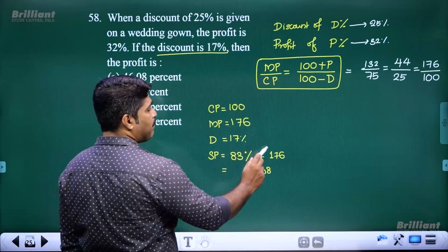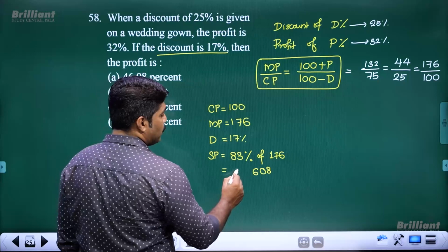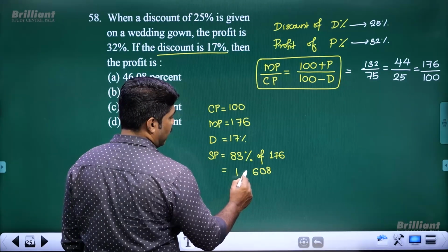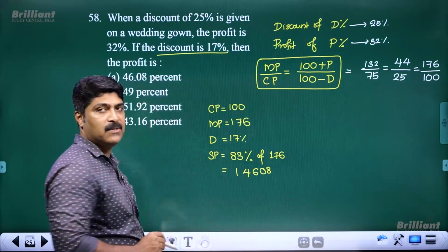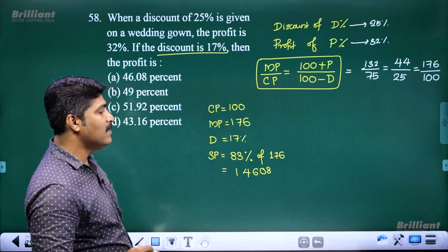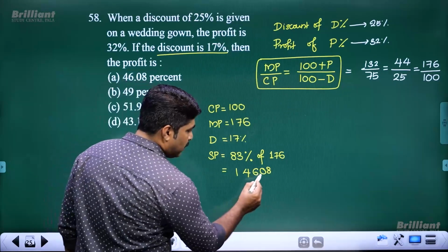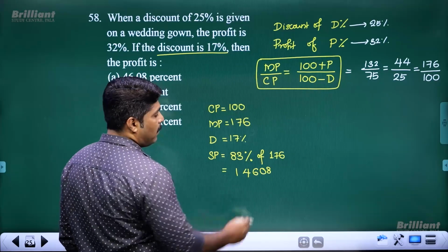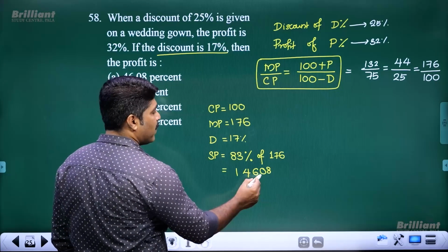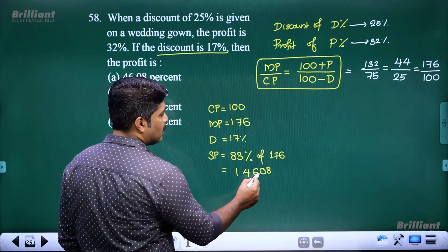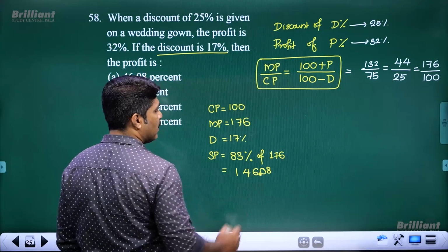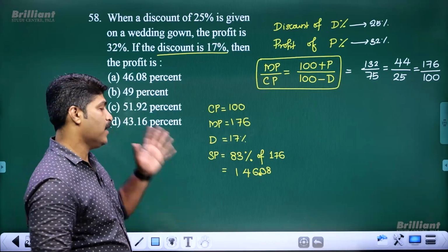Then 8 plus 6, that's equal to 14. So the product is 146.08. How did it become 0.08? So here we have the result 146.08.